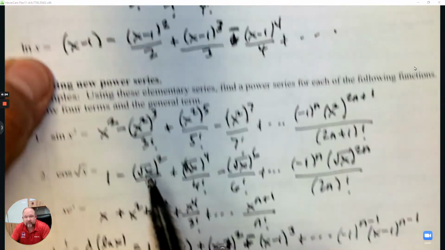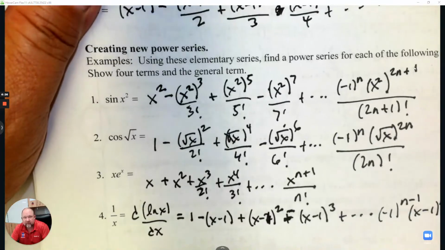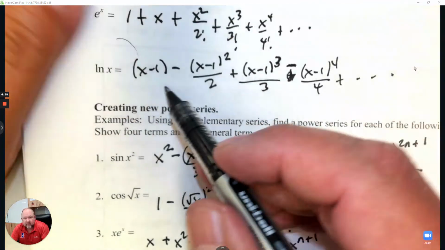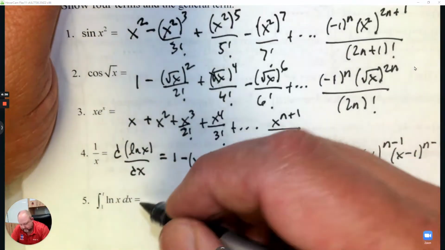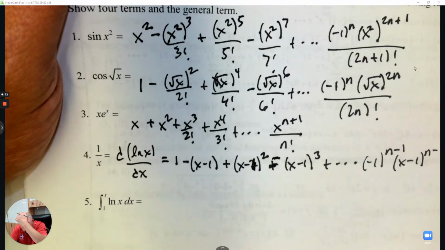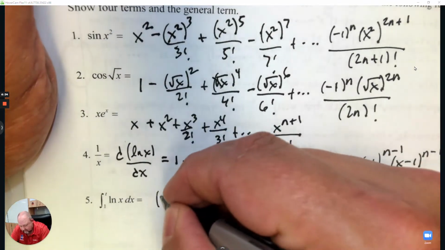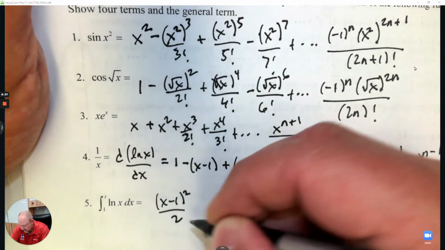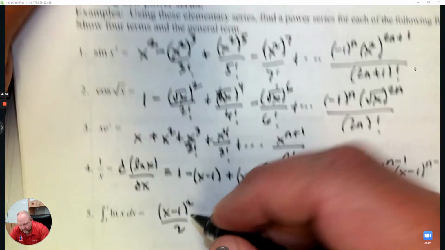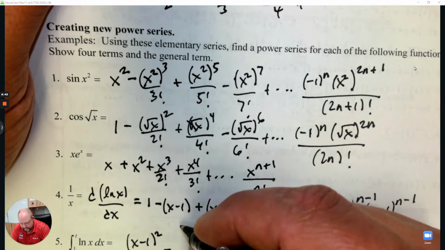How about this one? Obviously, this one's connected to ln x, and we're integrating each term. So if I integrate this, I get, you add 1 to the exponent and divide.